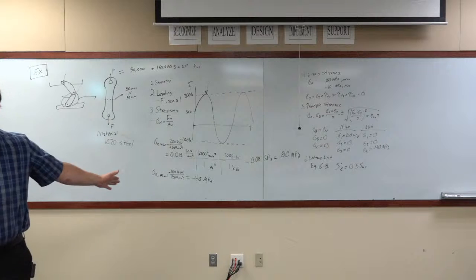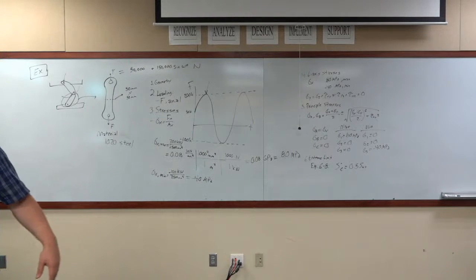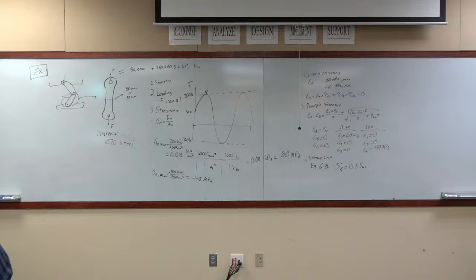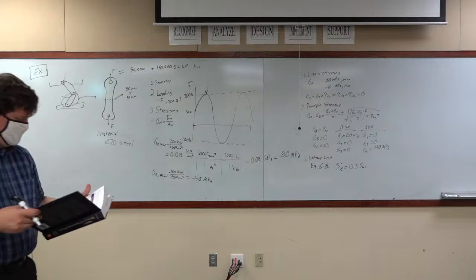This isn't yield strength. Yield strength is different. To find the ultimate tensile strength, we're going to go back into the back of the book. I believe it's table A20. Yep, going to table A20.